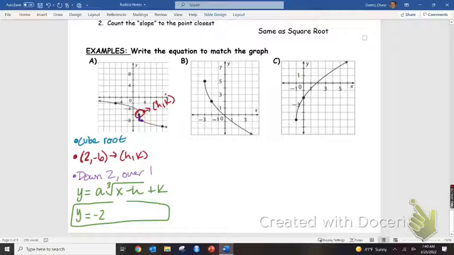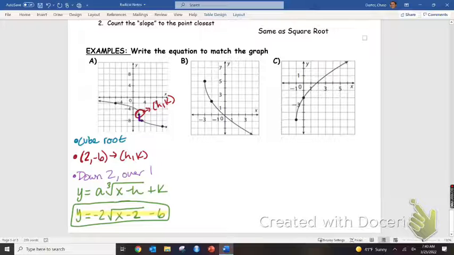It's negative because I said down 2. If I said up 2, it would be positive. So that a value is negative 2. h, k is 2, negative 6. H is a liar. So since h is positive 2, it's x minus 2. And then it's negative 6, so k is minus 6. And that's my answer.